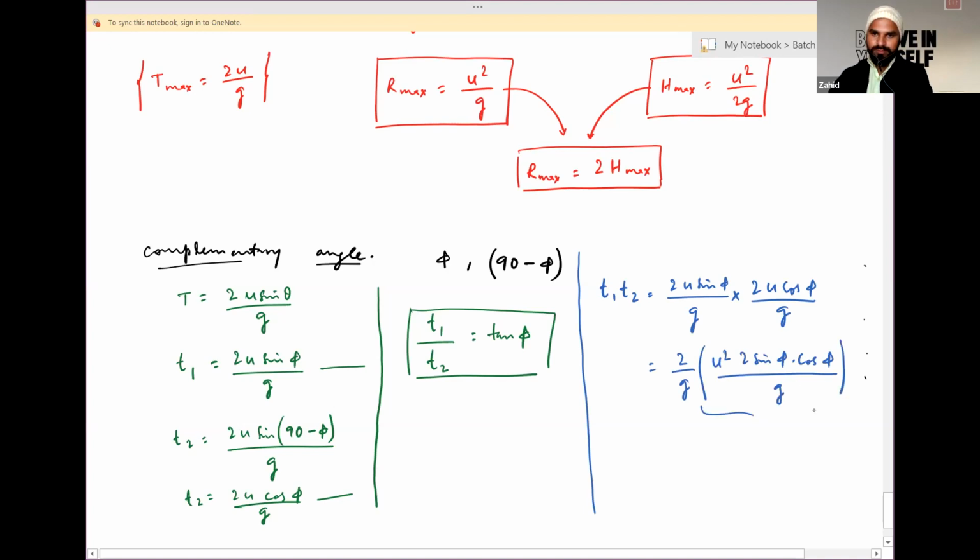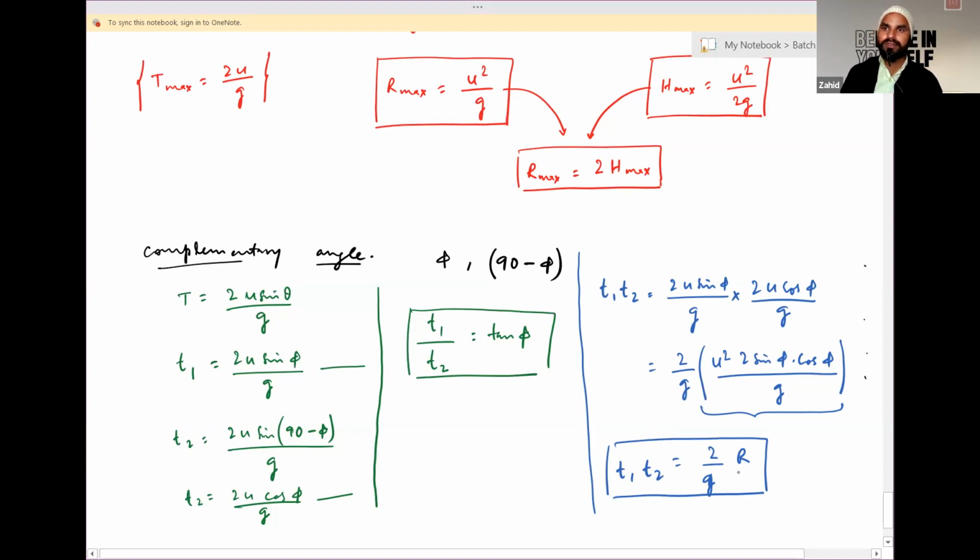This whole term is nothing but range. So you'll say 2 by gravity times range equals T1 into T2. So this is another relation for time of flight for two complementary angles related to range. If you are asked how the product of time of flight for complementary angles is related to range, you'll say this is the relation between them.